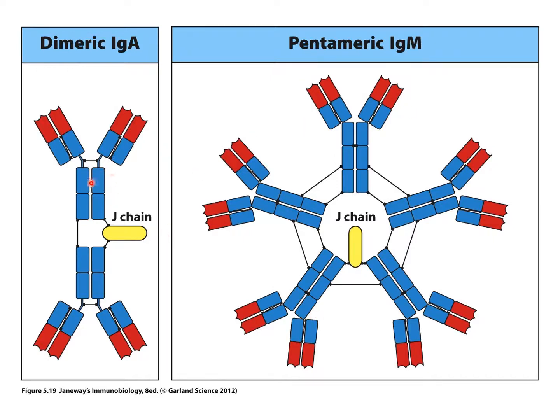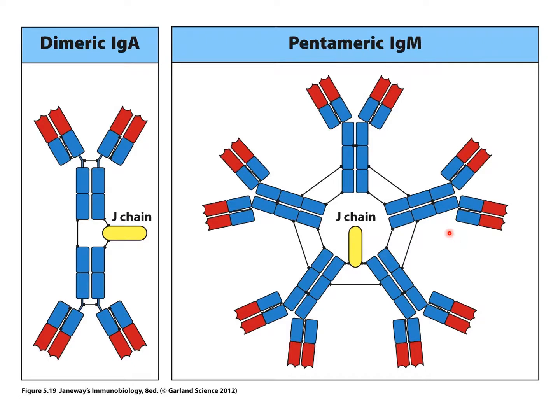The J-chain joins, here showing IgA, joins 2, and then disulfide bonds join each of these immunoglobulins to the J-chain and then join the immunoglobulins to themselves. So primarily, you're going to see most IgA in this dimer form. IgM, for the most part, is going to be formed into a pentamer, with one J-chain and then numerous disulfide bonds joining all 5.